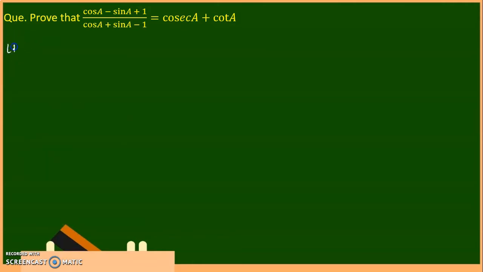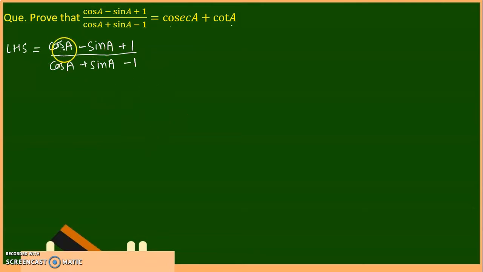Here, the left hand side of the equation is (cos A minus sin A plus 1) divided by (cos A plus sin A minus 1). And on the right hand side we have cosec A and cot A. It means we have to convert this cos and sin into the form of cosec and cot.